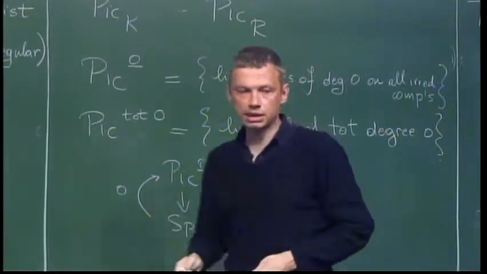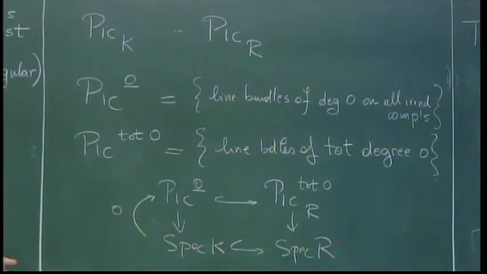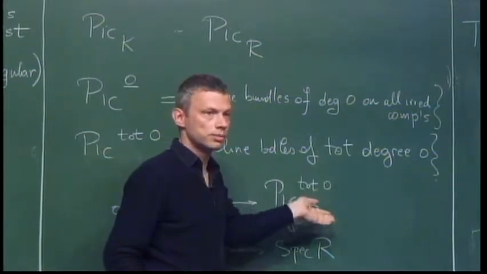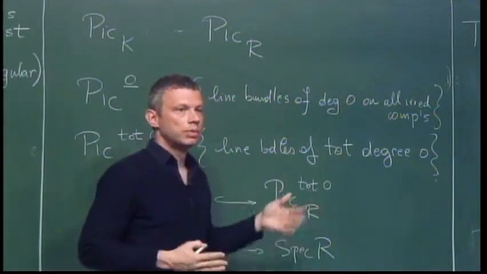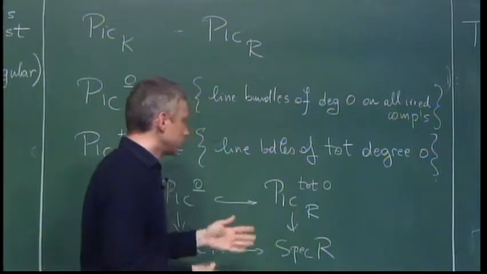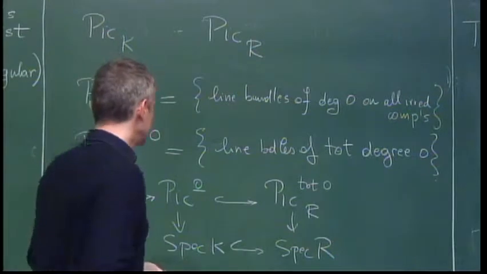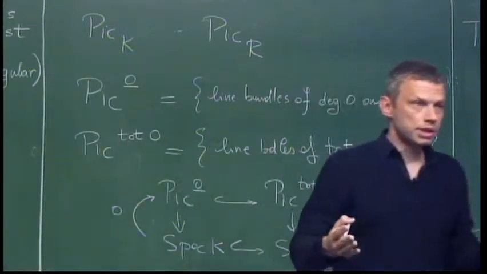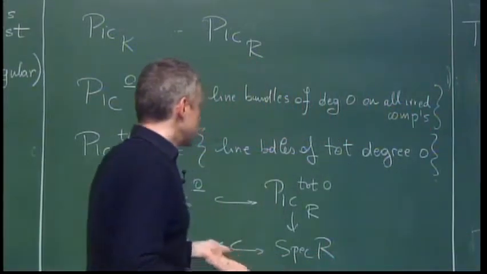And the whole point is that this Pic^0 is everything but bounded. Because if you have a curve which is reducible, then you are only requiring that the total degree should be 0. But you have, therefore, a large degree of freedom as soon as you have more than one irreducible component. So it's not bounded. Even worse, it's not separated. It's easy to see.